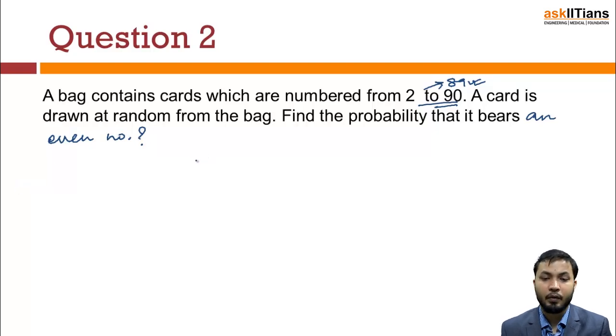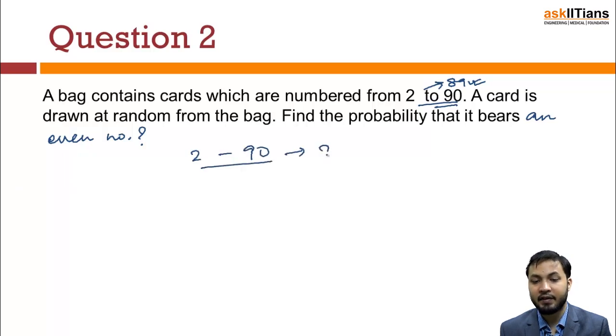Now, when I have cards from 2 to 90, I have 89 cards. Of this 89, there has to be one extra for either even or odd, but as you see, it starts with an even number and ends with an even number.